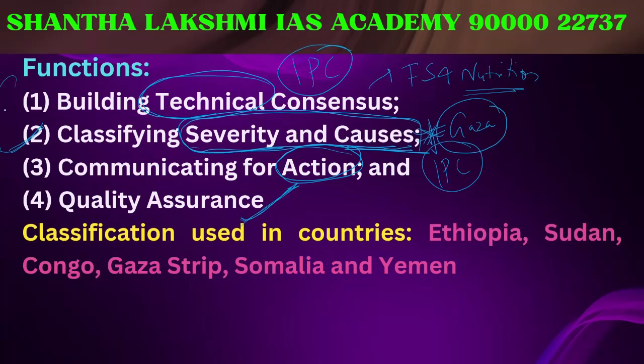So these are the four main functions of this IPC related to food security and nutrition. This IPC classification is used in countries such as Ethiopia, Sudan, Congo, Gaza Strip, Somalia, and Yemen.